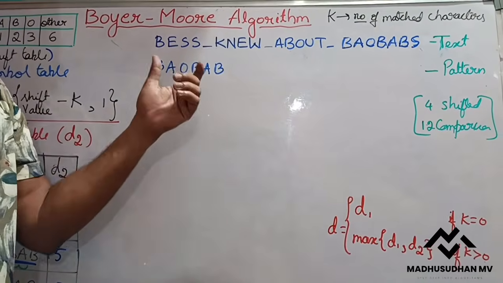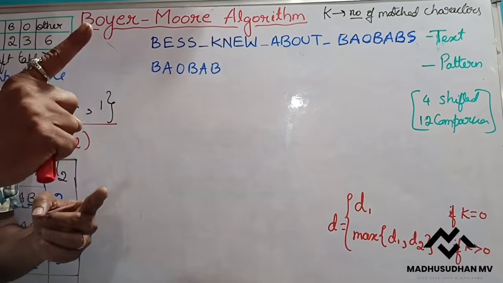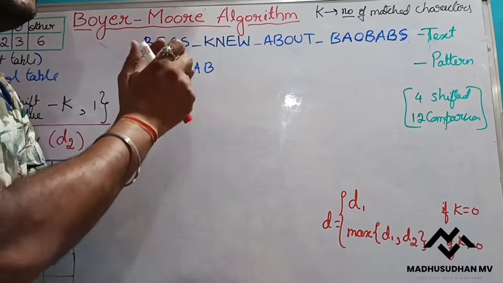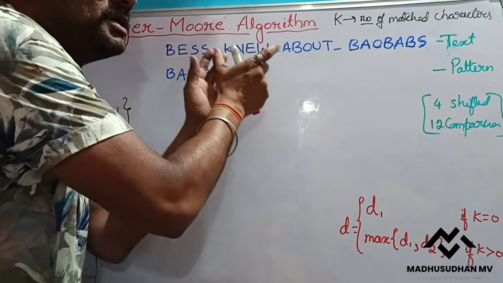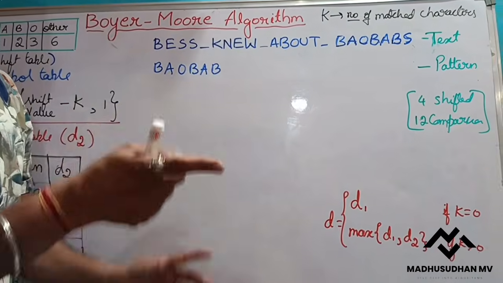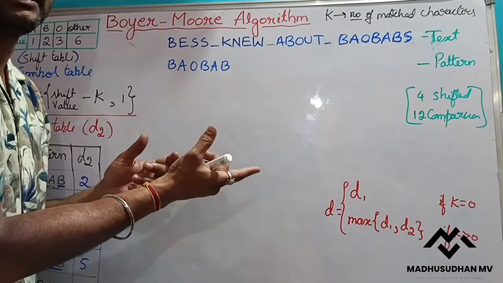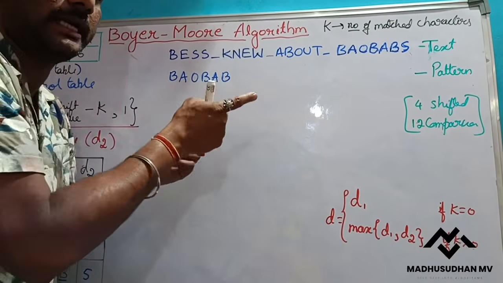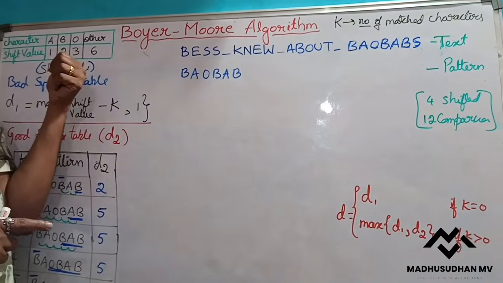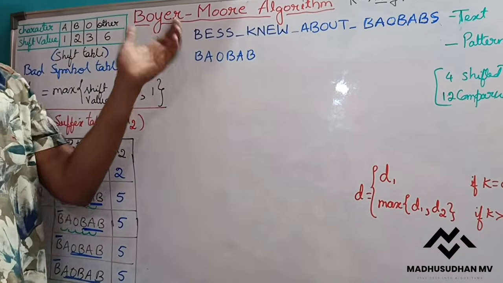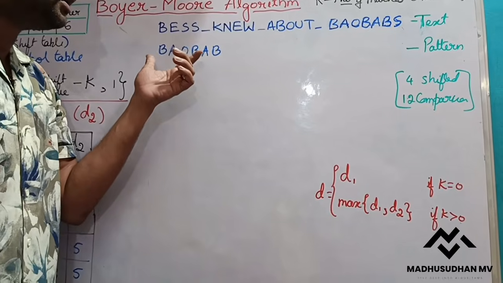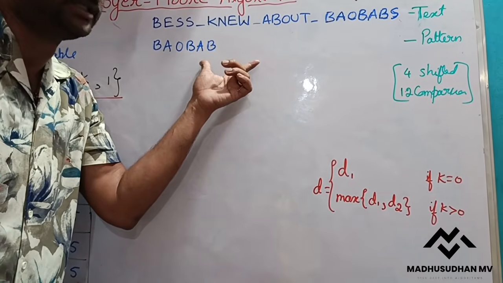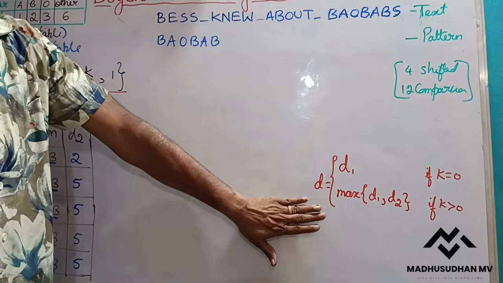Whenever a mismatch occurs in brute force string matching, we simply blindly shift the pattern towards its right by one position. By what distance D do we shift the pattern towards its right? In the case of the Horspool algorithm, by the shift table value. Now how much do we need to shift the pattern towards its right in the Bayer-Moore algorithm? By this formula.